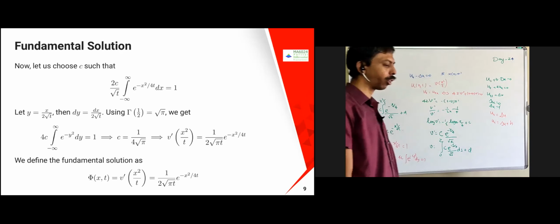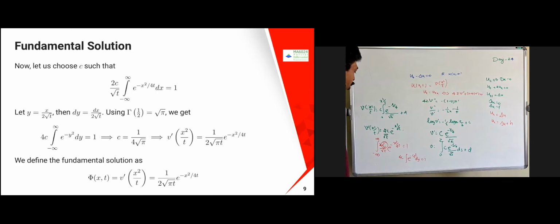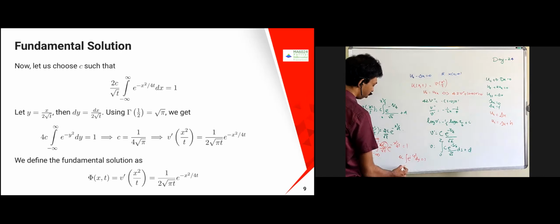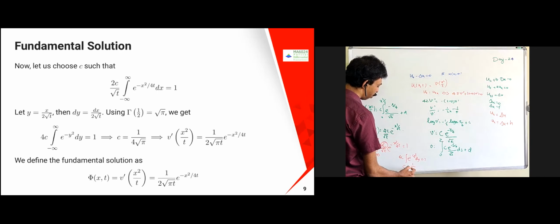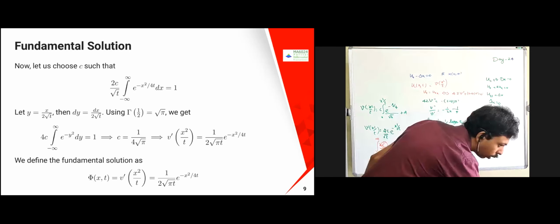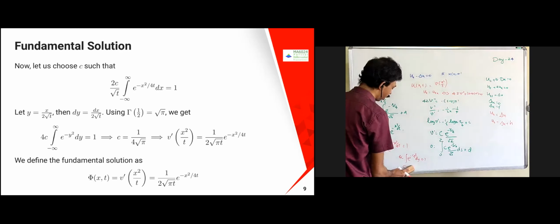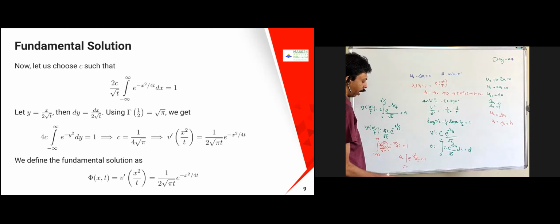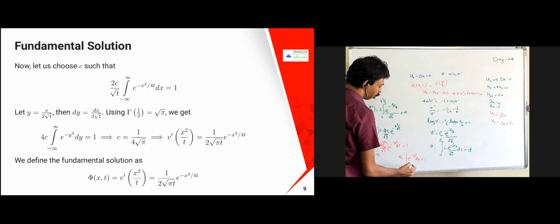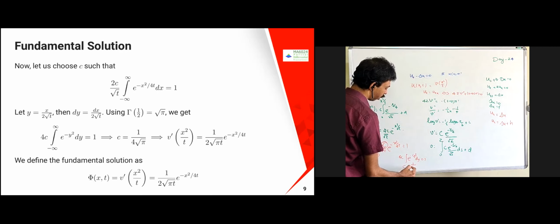So from that, your c is equal to 1 by 4 root pi.